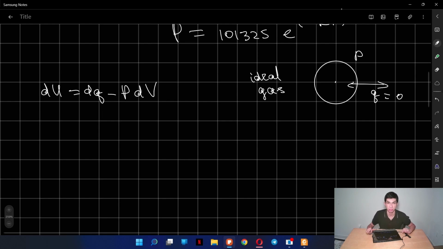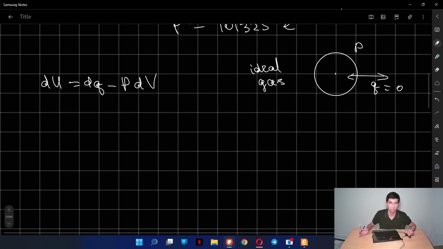In our specific case, dU is equal to the specific heat capacity at constant volume times dT. And dQ is equal to 0 because it's an adiabatic process. I'm going to replace pressure with RT over V from the equation PV equals nRT, so it becomes negative RT over V dV.